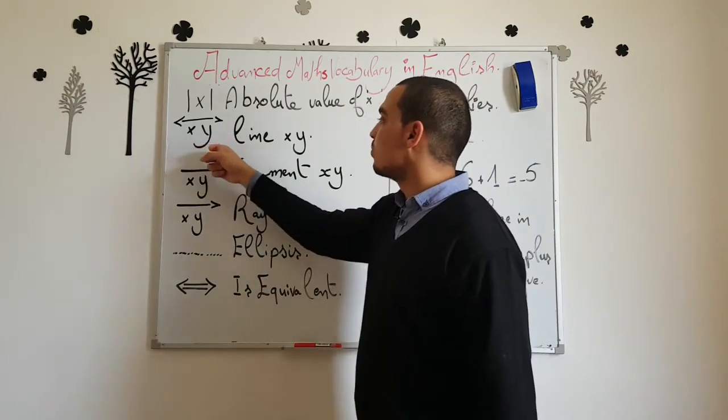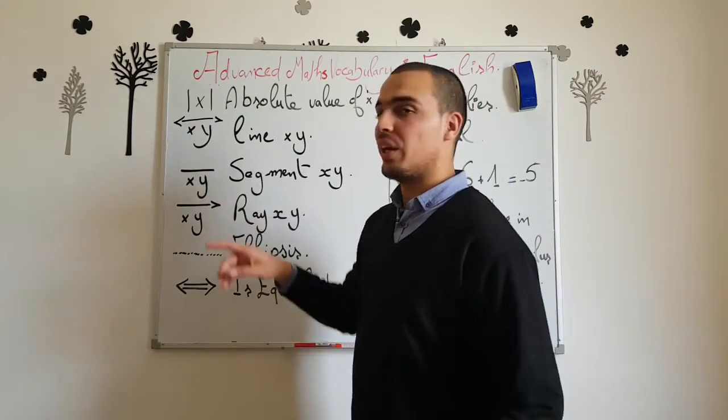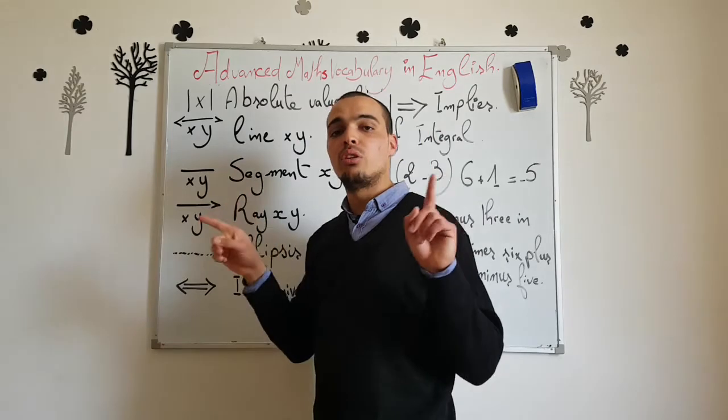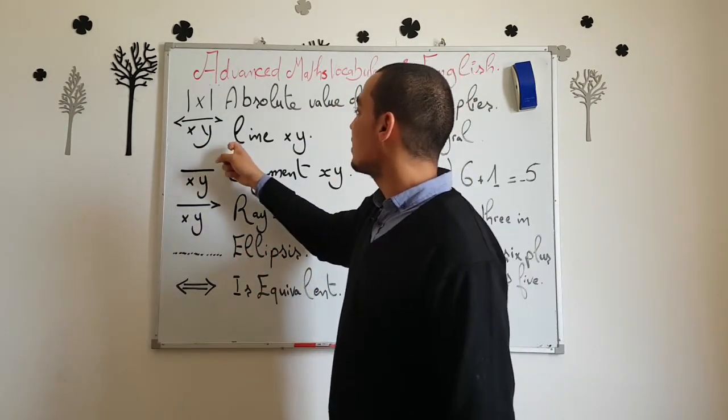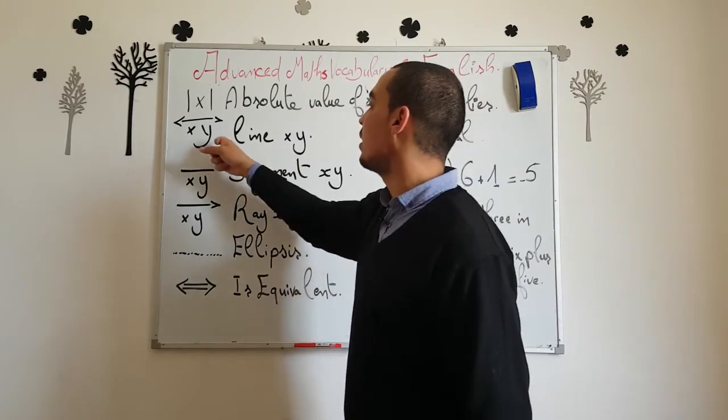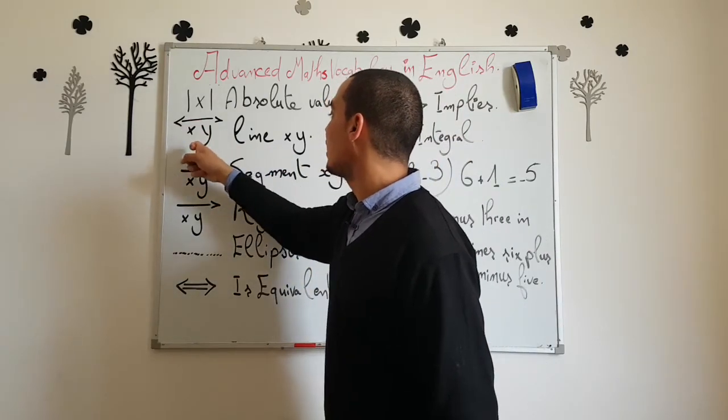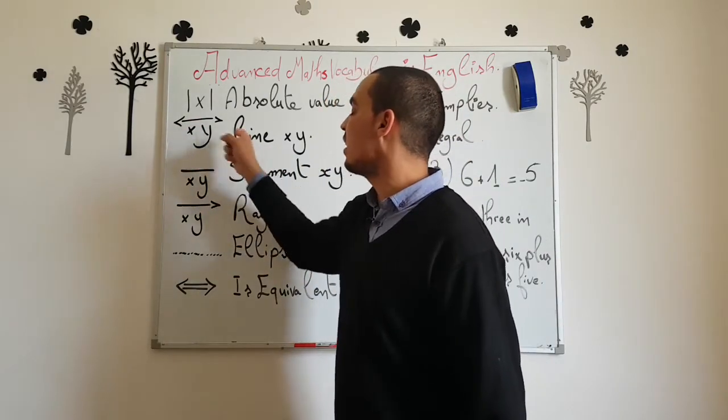The next one, which is the arrow pointing in two directions above the letters, means line, and here we have line xy.